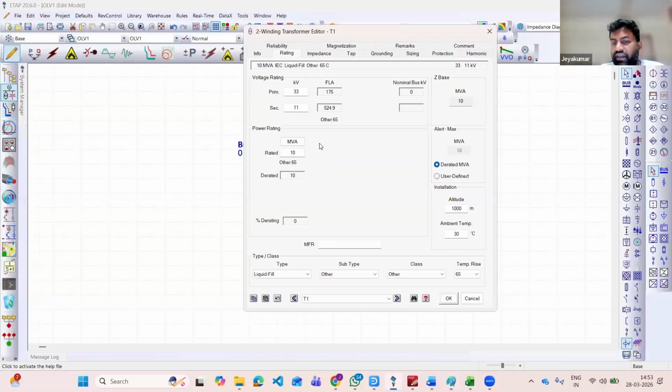Now we'll specify here. You see that in ETAP it shows all the full load current and so on very easily. Then there are other things you have to look at here: altitude and ambient temperature.